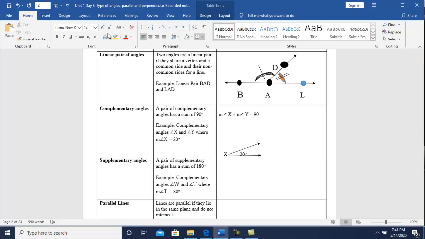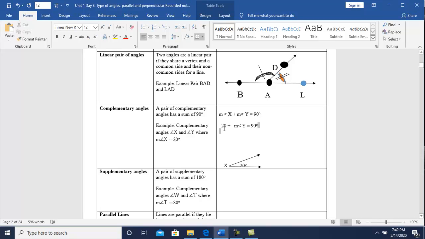So we would do a little angle there. We know that the measurement of angle X is 20 degrees. We don't know what Y is, but it's got to equal 90. And then to solve that, there's a little algebra for you.